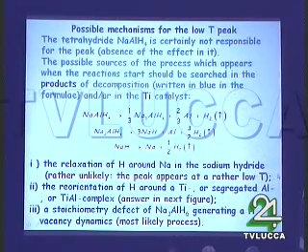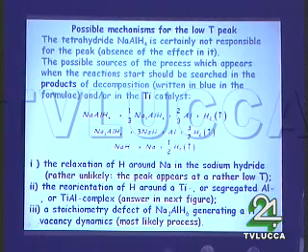Possible mechanism for the low temperature peak. Tetrahydride should be excluded because the peak is absent there. So the possible sources should be searched in the products of reaction: hexahydride, segregated aluminum, and sodium hydride. The relaxation of H around sodium in the sodium hydride is rather unlikely because the peak appears as decomposition starts, and this reaction starts at high temperature.